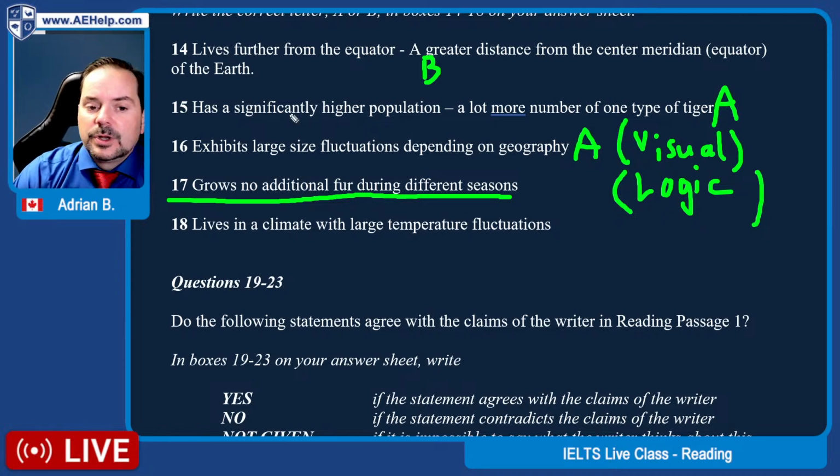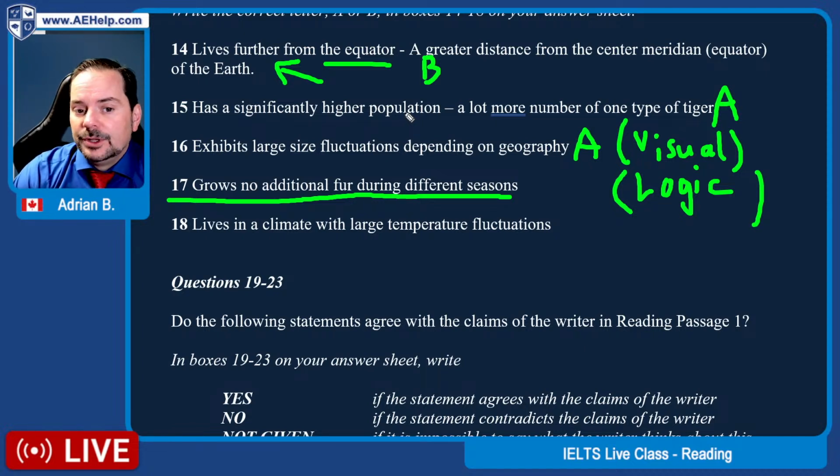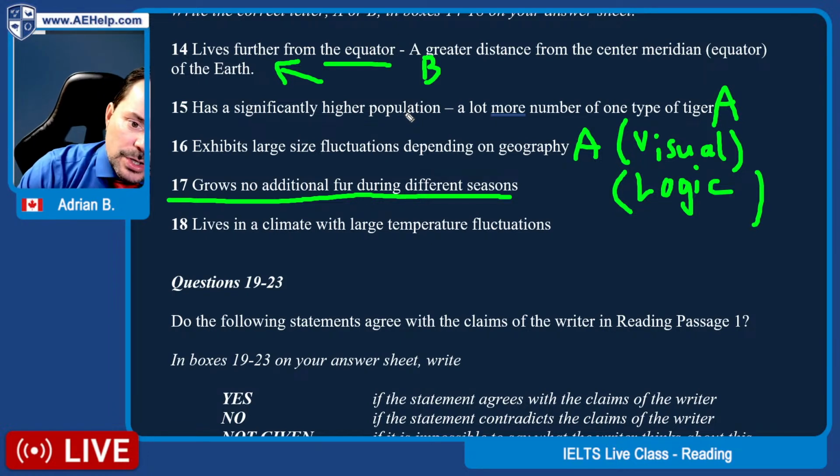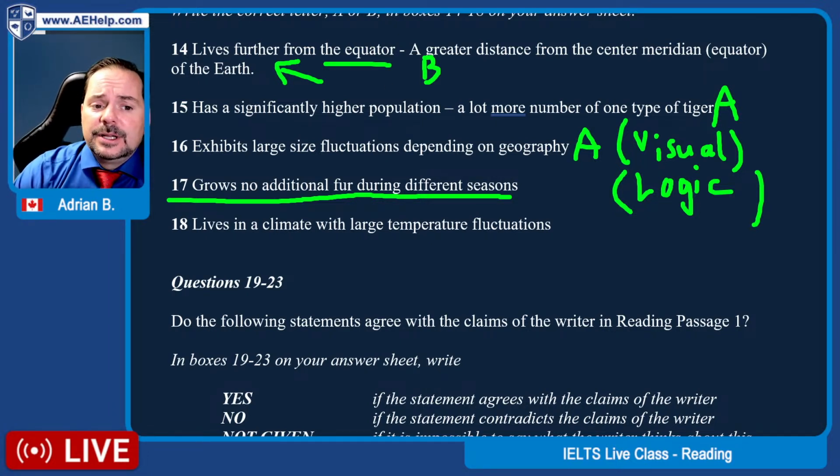Now, okay, thinking about this first question, number 14, further from the equator, the Siberian tiger. So the Siberian tiger is in like Siberia, right? It gets hot in the summer, really, really cold in the winter. So it makes sense that the Siberian tiger has longer fur in the winter and shorter fur in the summer, right?